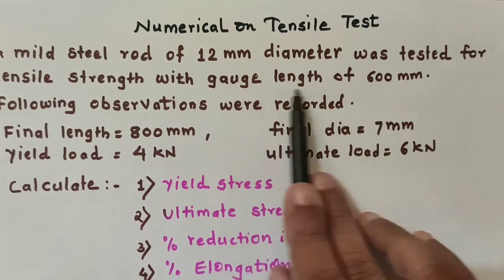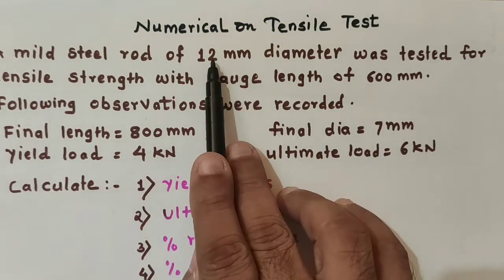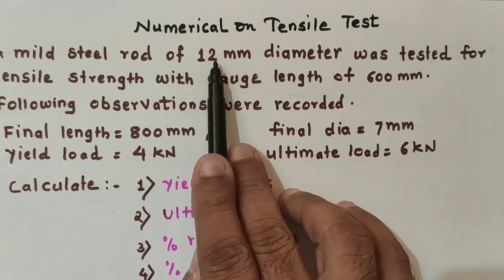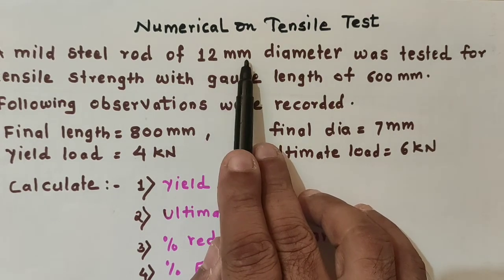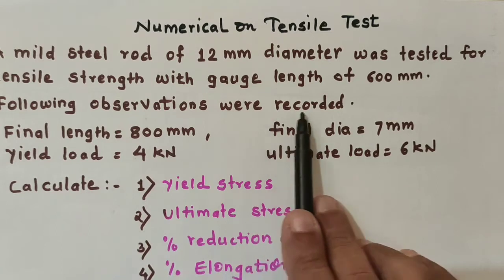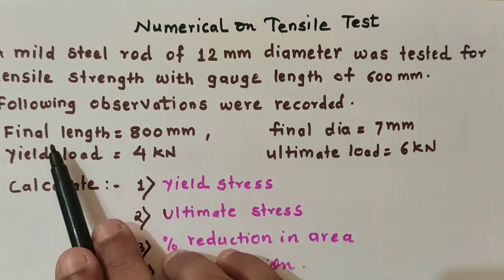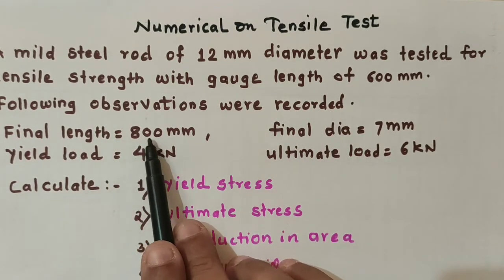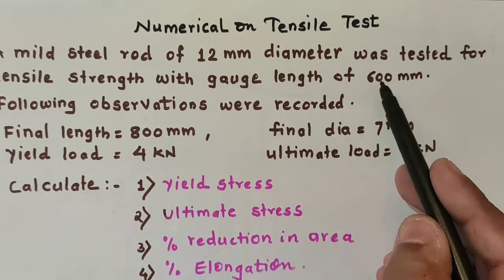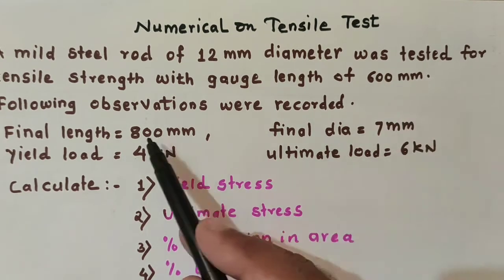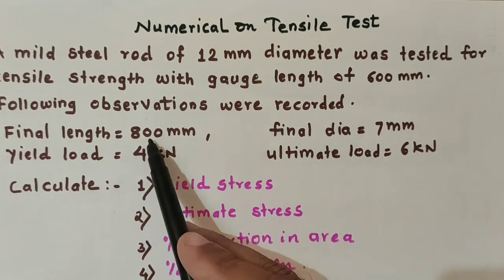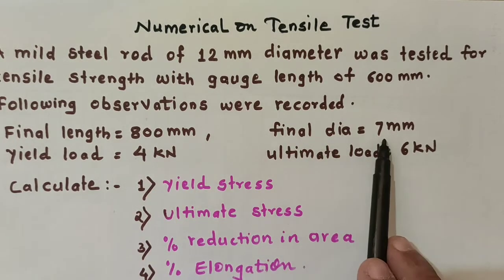So the initial length is 600 mm and the initial diameter of the specimen is 12 mm. Now the following observations were recorded after the test. Final length is 800 mm, that means the component is elongated by 200 mm. Final diameter is 7 mm.